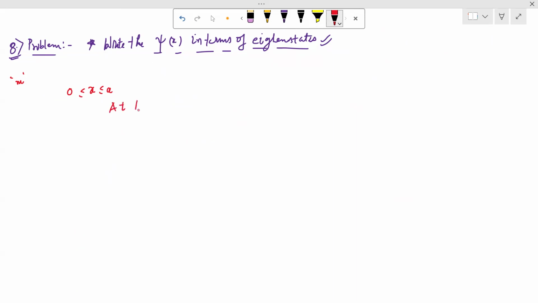At initial time t equal to 0, the wave function is given by root over 8 upon 5a times (1 plus cos pi x upon a) times sine pi x upon a.